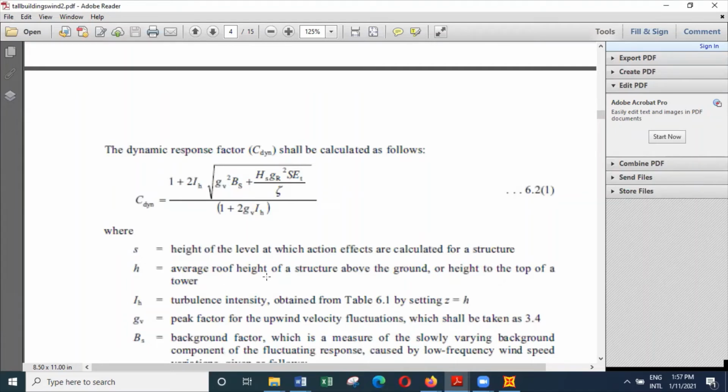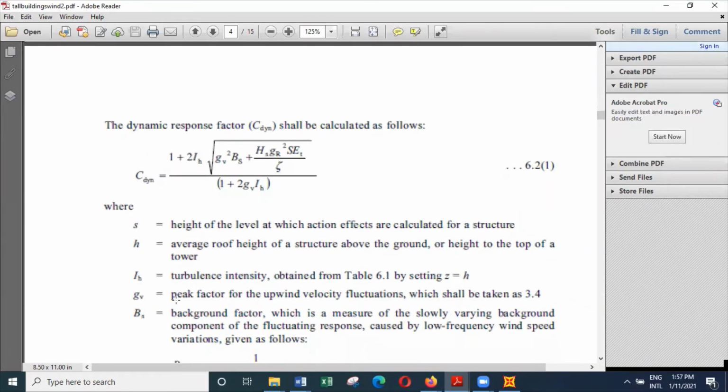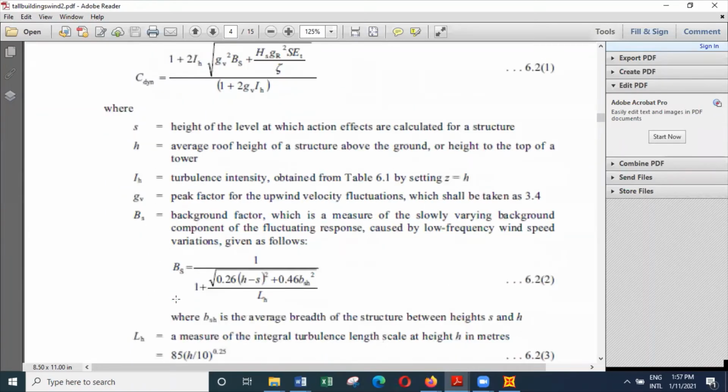Then you get so many factors that have been derived empirically using wind tunnel testing. So you get things like IH, GV, BS, and so many parameters. But we'll get a brief idea about what is meant by these parameters.